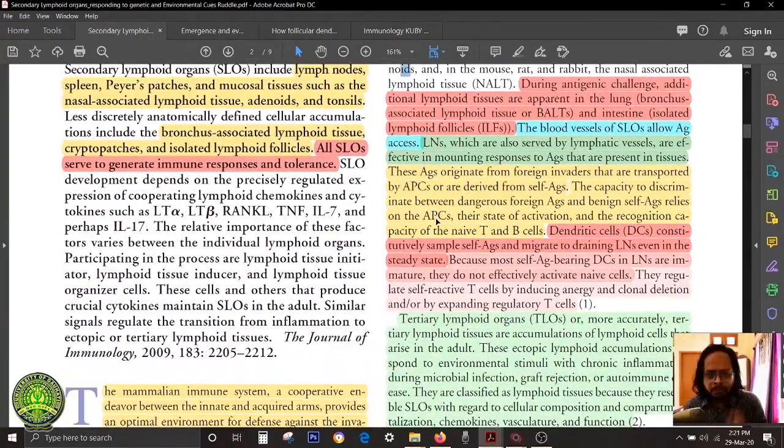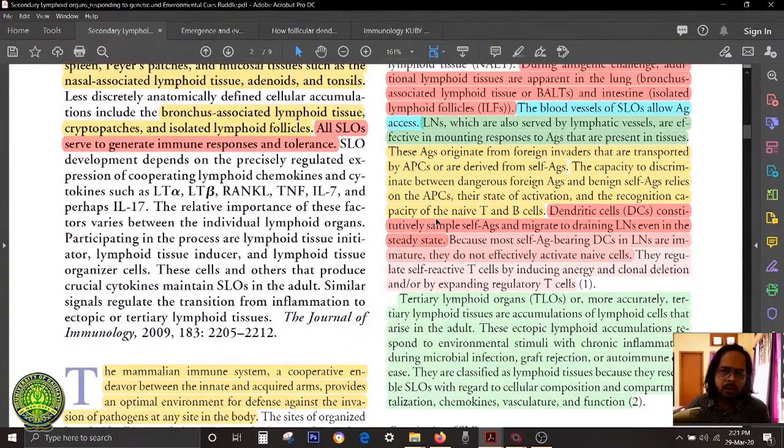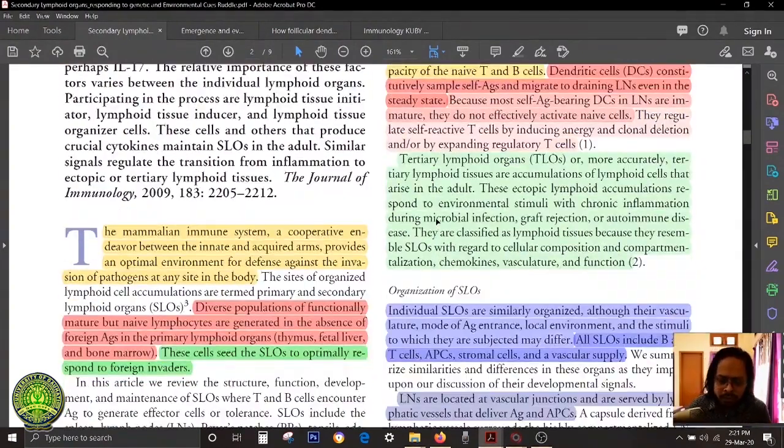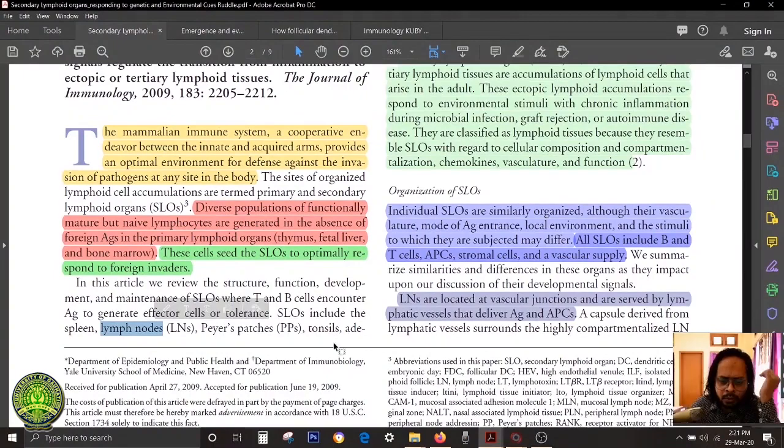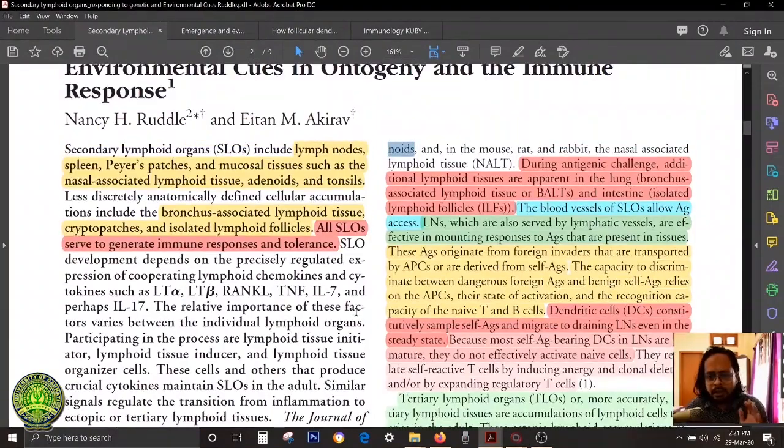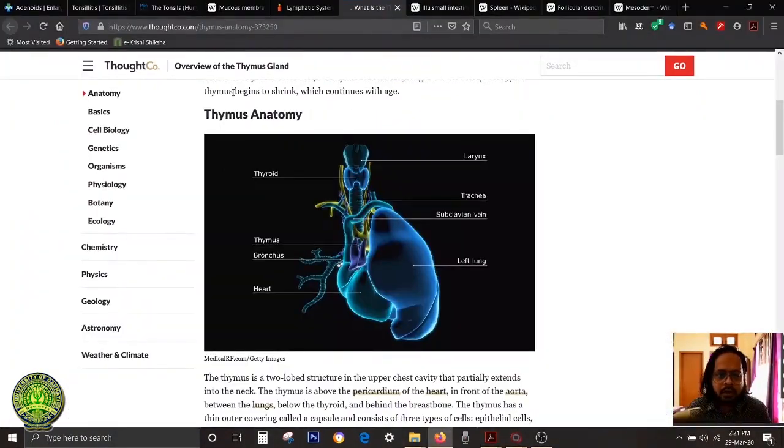So before I go into the structure, or before I discuss how things are working there, let's try to have a small understanding about the secondary lymphoid organs. We'll talk about the spleen later, we'll talk about the lymph node later, but I want to give you an idea about the tonsils and the adenoids. For that we'll take the help of certain websites. Okay, fantastic.